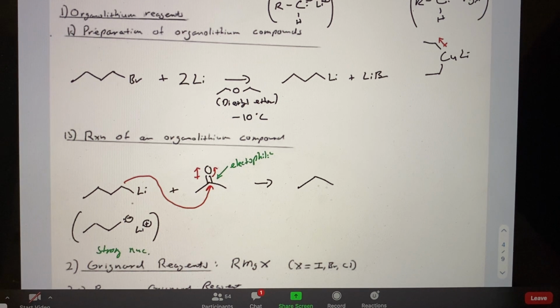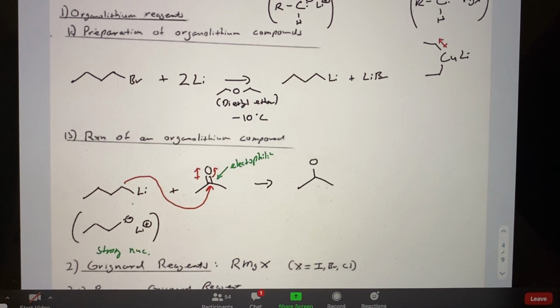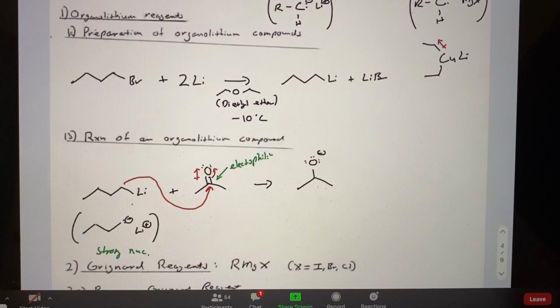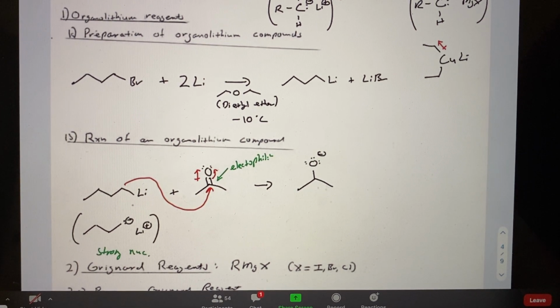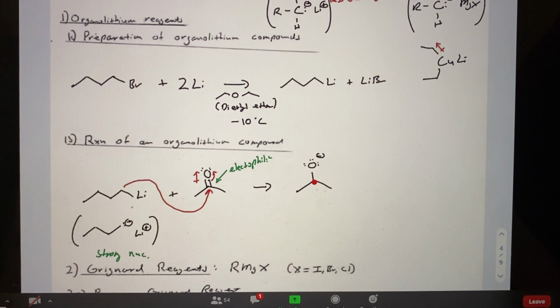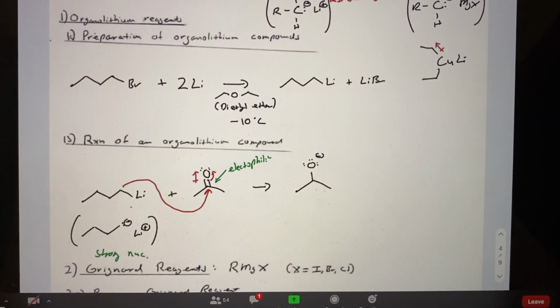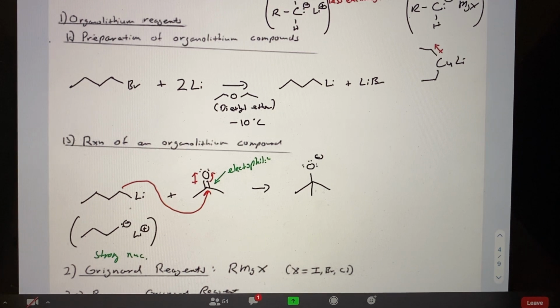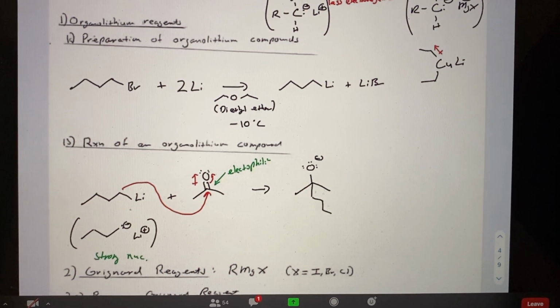So we're going to have a tetrahedral intermediate. We've moved electrons up onto this oxygen, so we're going to have a negative formal charge. And here's the key thing: we formed a new carbon-carbon bond. So we have our carbon of the carbonyl group, the ketone, just shown here, and we've added 1, 2, 3, 4 carbons on the left.